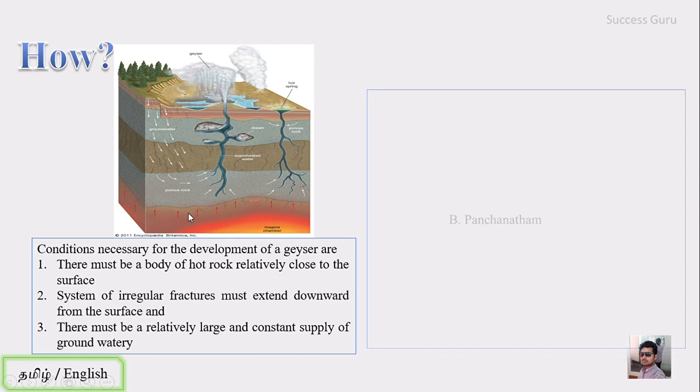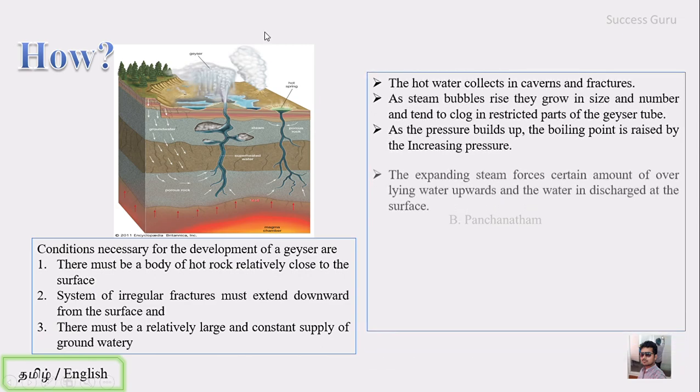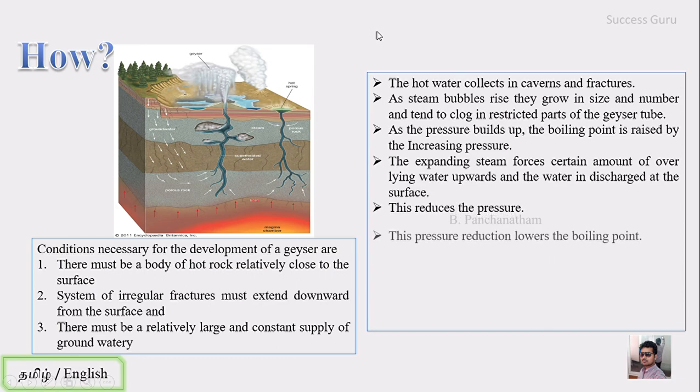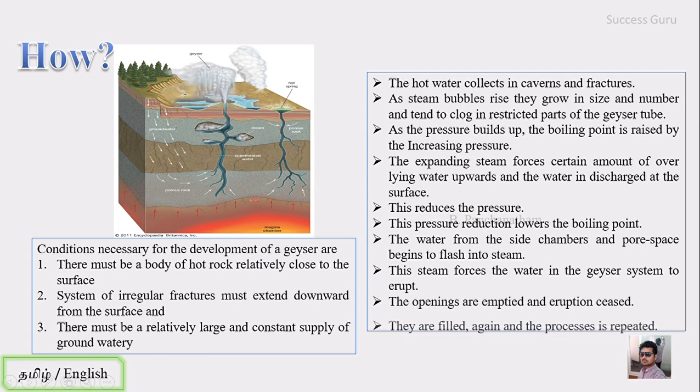So let us see how it works. The hot water collects in the caverns and fractures, and steam bubbles rise, growing in size and number and extending to clog the restricted path of the geyser tube. So when steam rises, it tries to clog the path. As the pressure builds up, the boiling point is raised.